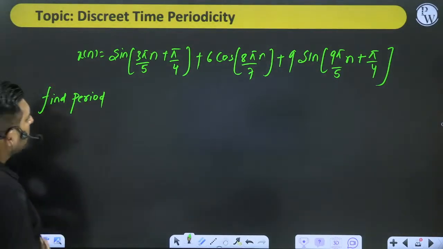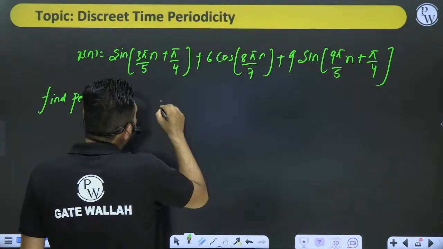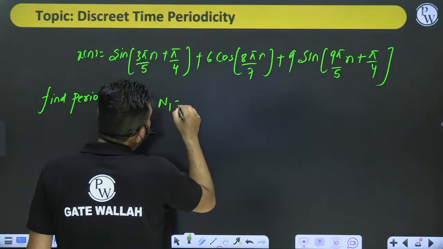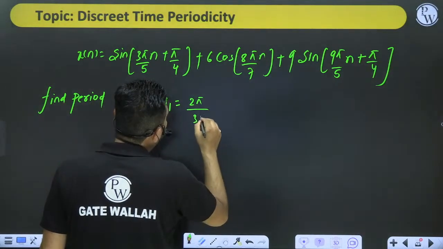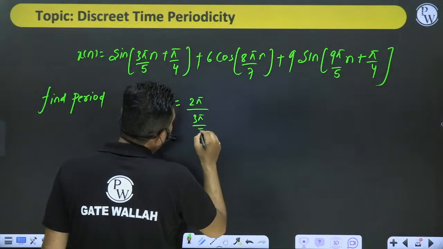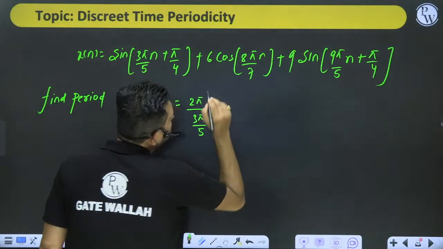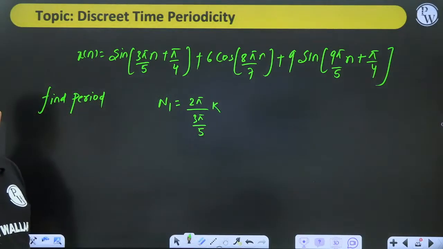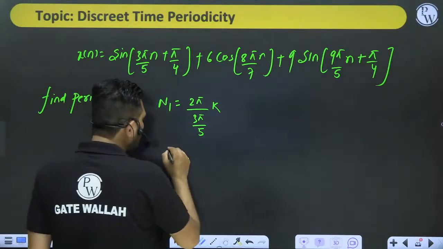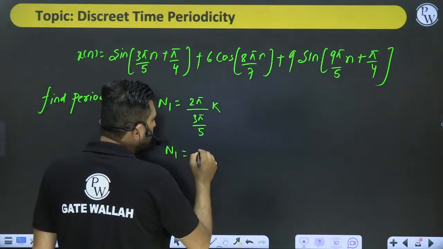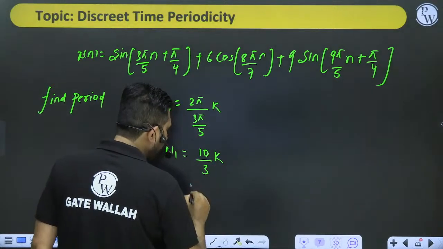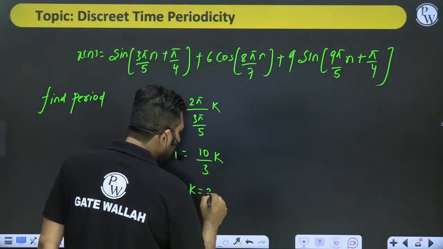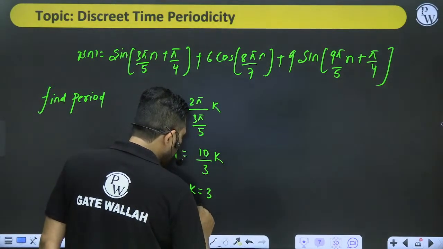Here N1 is 2 pi by 3 pi by 5 into k. So what is N1? N1 is 10 by 3 k, and when k is equal to 3, this N1 is 10.